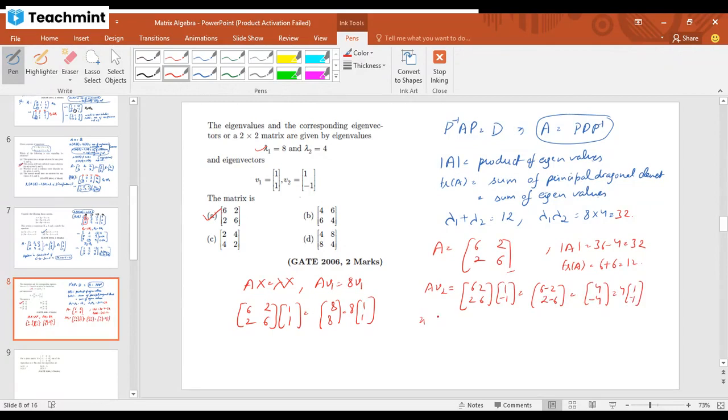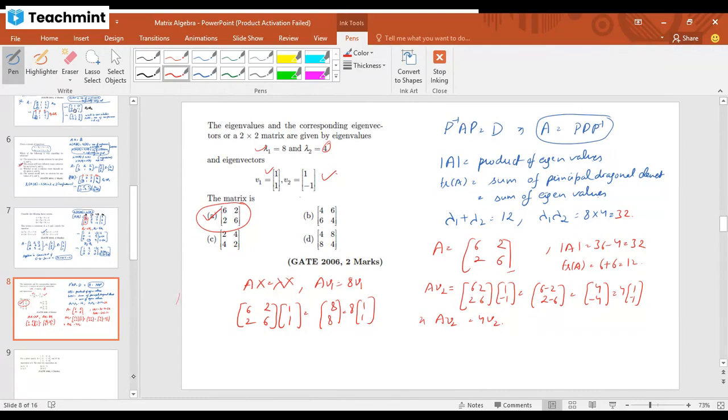So what do we get here? AV2 is equal to 4 times V2. So it means that 4 is the eigenvalue corresponding to this eigenvector, and 8 is the eigenvalue corresponding to the first. So the correct answer is option A. Okay, so with the help of these two properties, because we are already given the 4 options, we can easily judge which of the options is the correct one in this case.